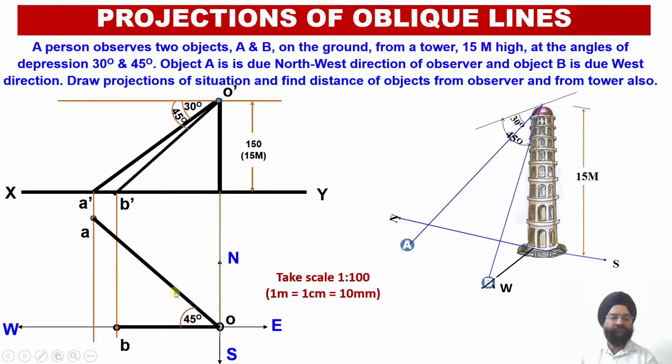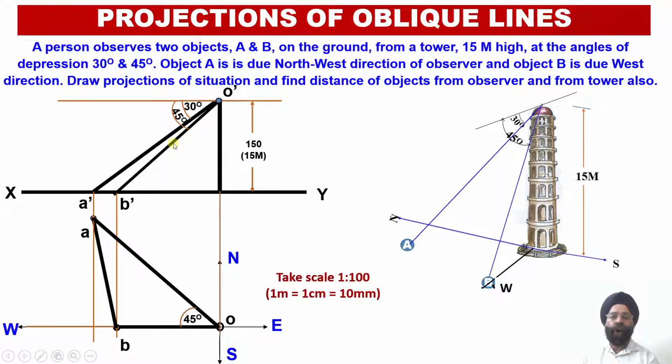This is the location or orientation of OA projection, the string or ray of sight from the observer to the object in the top view. And also we can join A and B over here. So this way we have been successful in obtaining the orthographic projections corresponding to this real life situation.